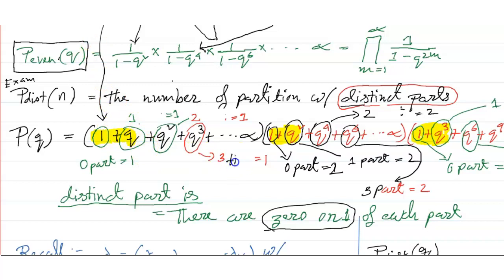This is 3 time, 2 time, and equals to 1 partitions. One time equals to 2 partitions.